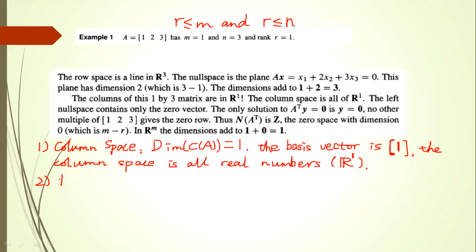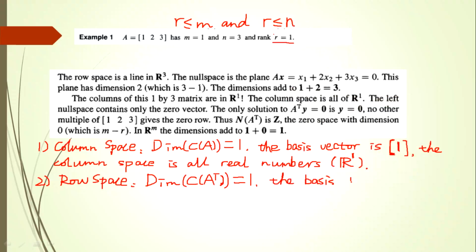Number 2, the row space. Of course, the dimension of the row space, which is the column space of A transpose, also equals the rank, right? And the rank equals 1. The basis vector is this row.